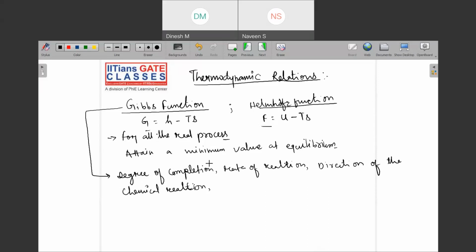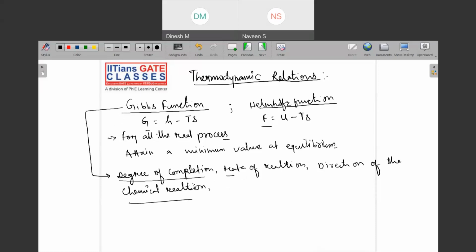These are all decided by the second law of thermodynamics. Or if you have no option, then what you can choose is the Gibbs function also. Okay. Like this is decided by the second law of thermodynamics. Why?